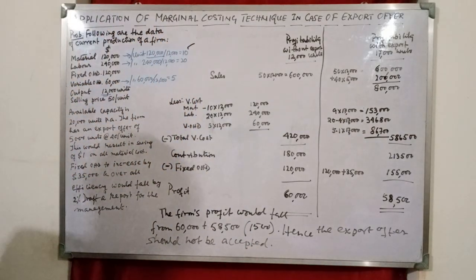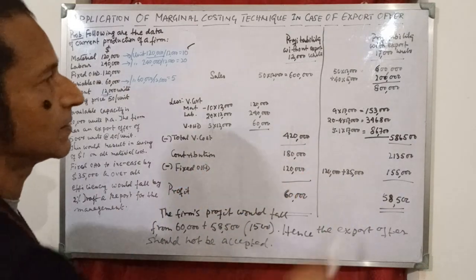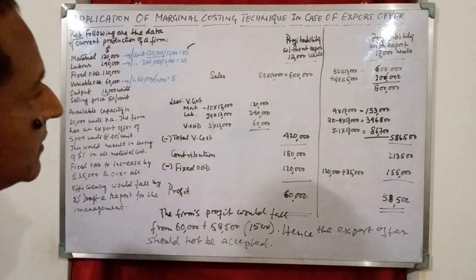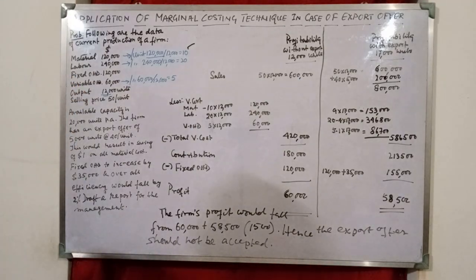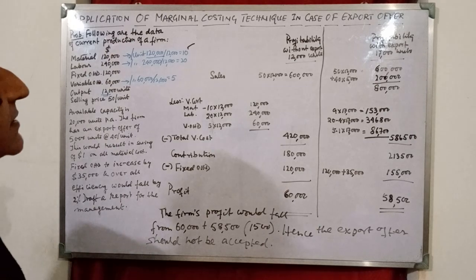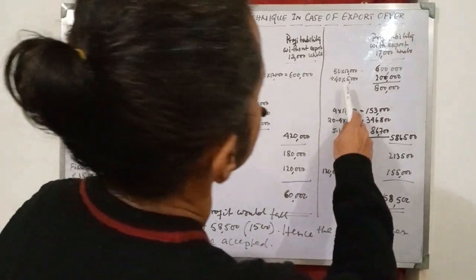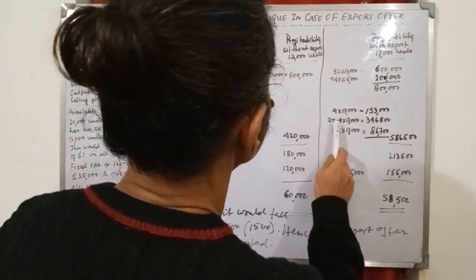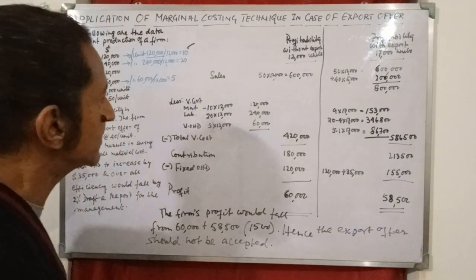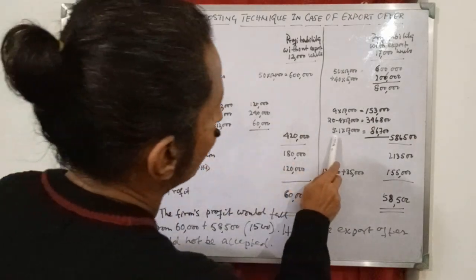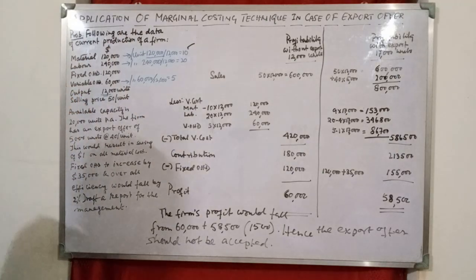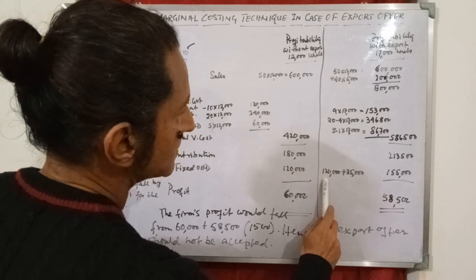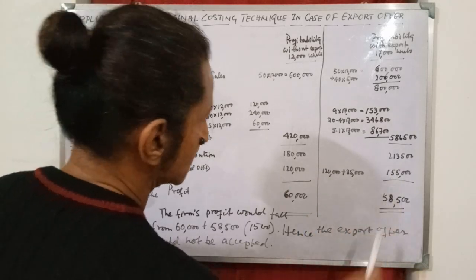So we have incorporated all these changes here. Material cost has fallen by $1 per unit. Labor cost has increased by 2%, that is from 20 to 20.40, and variable overhead has also increased by 2%, that is from 5 to 5.10, and fixed overhead has increased from 120,000 by 35,000 to 155,000.